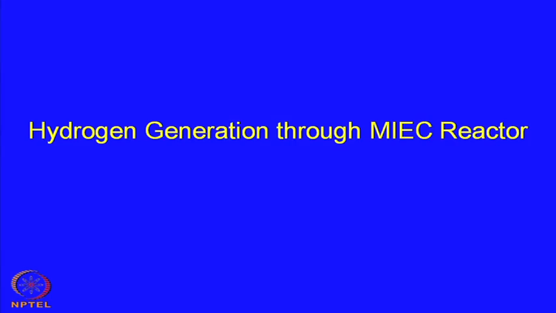In this lecture, we discuss the possibility of generating hydrogen with the help of some of the advanced materials, some of which we have discussed earlier. So, the title of this lecture is Hydrogen Generation through MIEC Reactor.